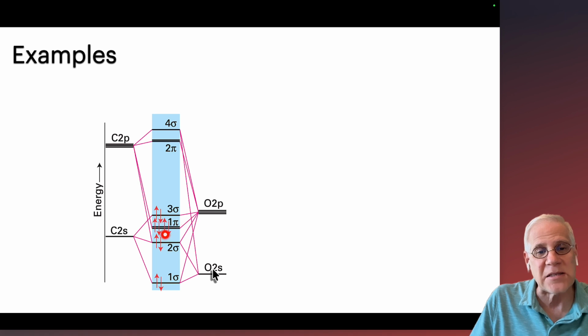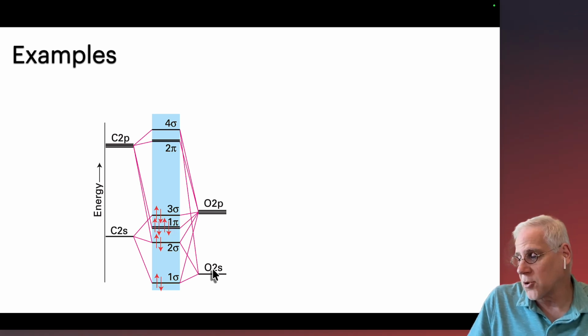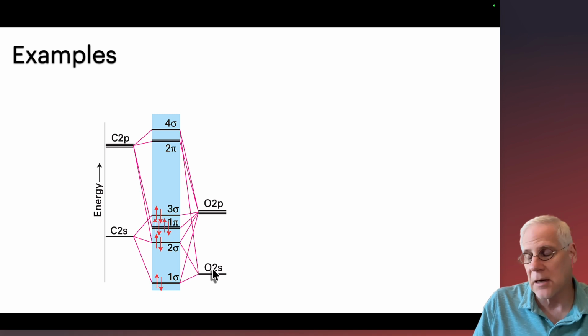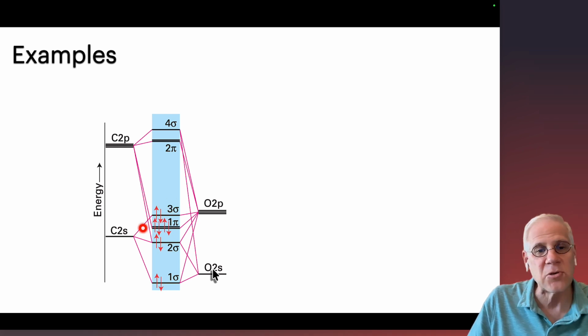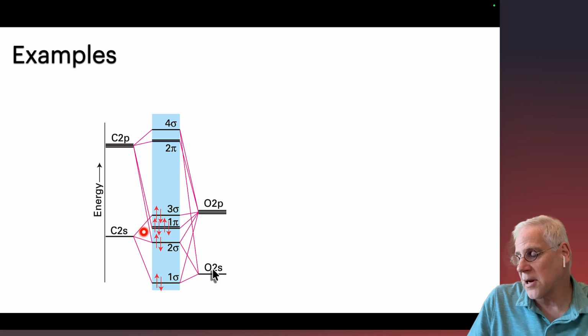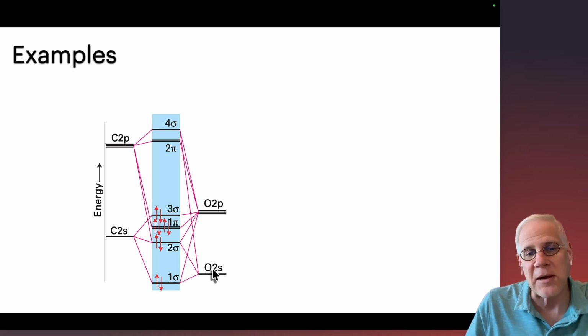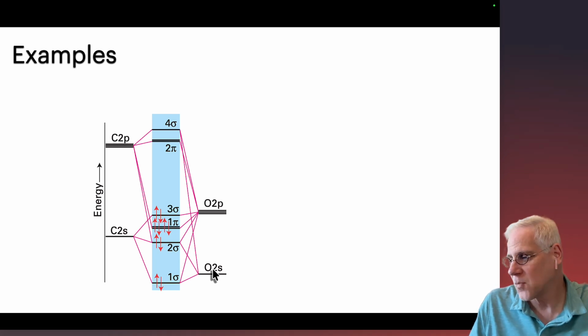You do get a little bit here. You get the 1 pi's. These are going to be primarily your pi bonds that you have in a carbon monoxide molecule. There's a triple bond there. This would be a lone pair. In here, this carbon 2s contribution is very low, so this is going to represent a lone pair on the carbon. Most likely, this is probably a lone pair on the oxygen. Hard to say exactly what's in there. I would have to do a calculation to see.